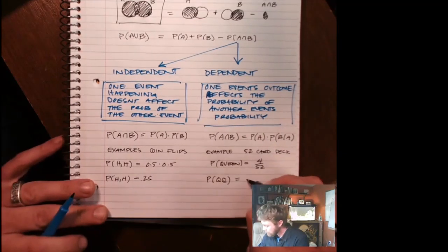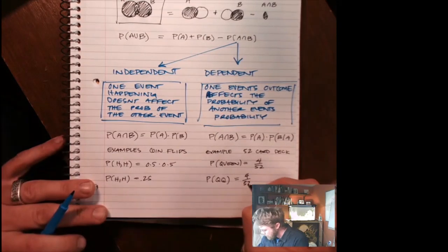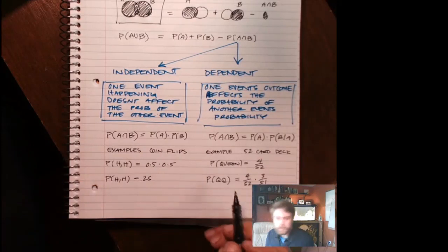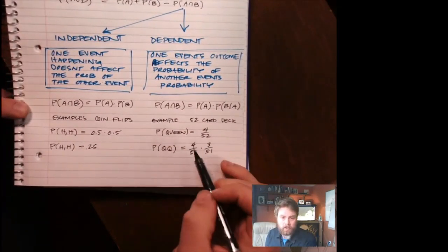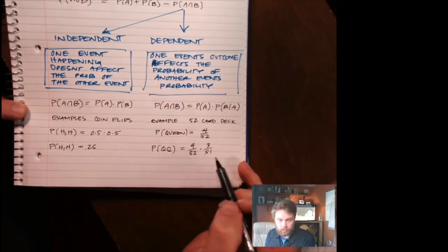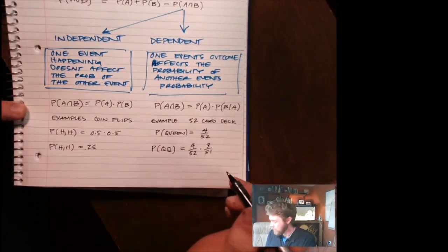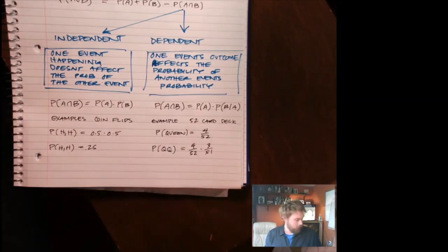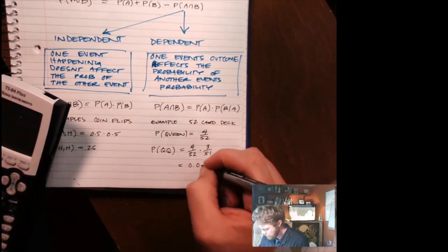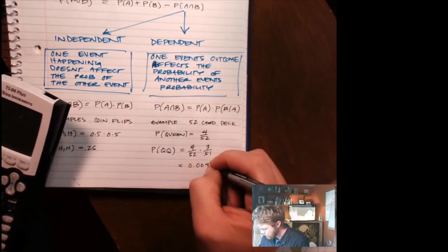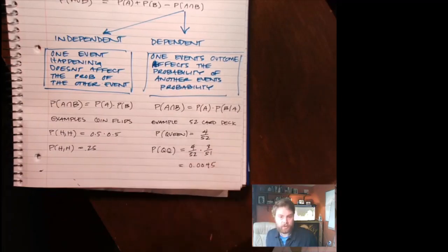And so 4 fifty-seconds times 3 fifty-firsts, and then we would just multiply those to figure out what the actual amount is. Let's go ahead and finish that: 0.0045. So pretty slim chance if you just pick two cards out of the deck that it'll be that combination.